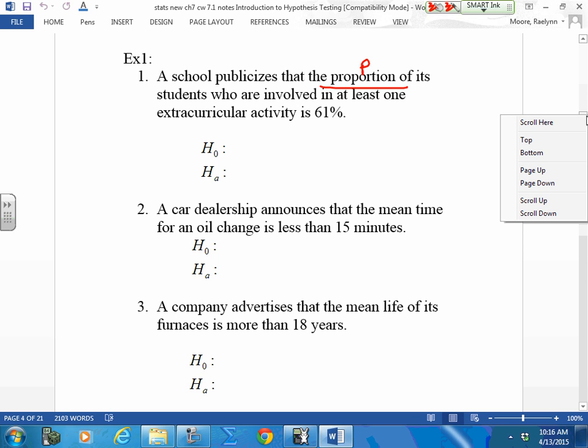So how do I write this statement? How do I say at least? So the equal sign then goes with the null. H0 is null. HA is alternative.